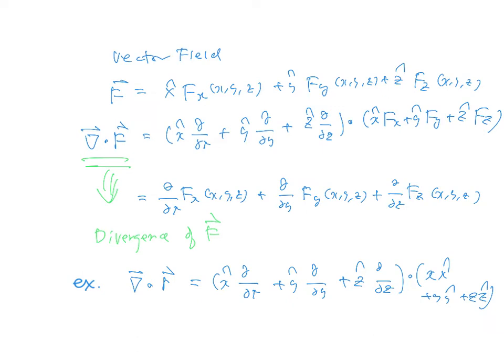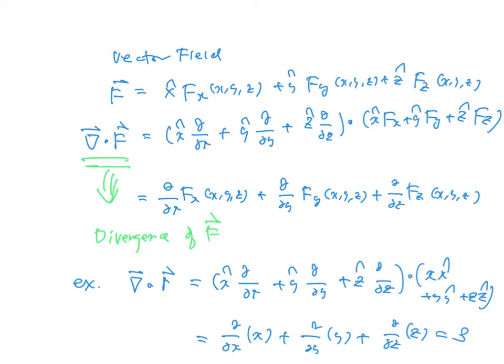So this is basically partial x of x plus partial y of y plus partial z of z, which is 3. The divergence of r is simply 3.